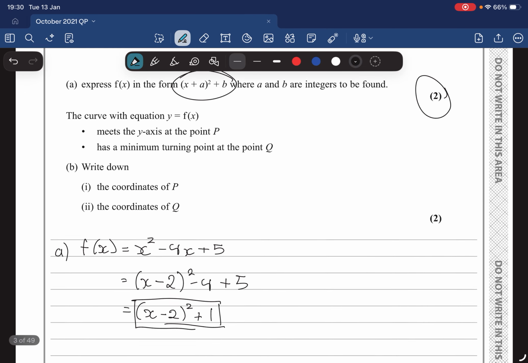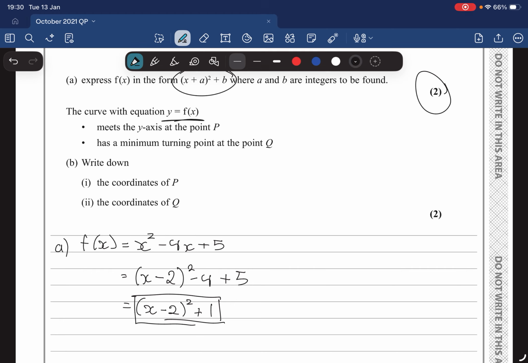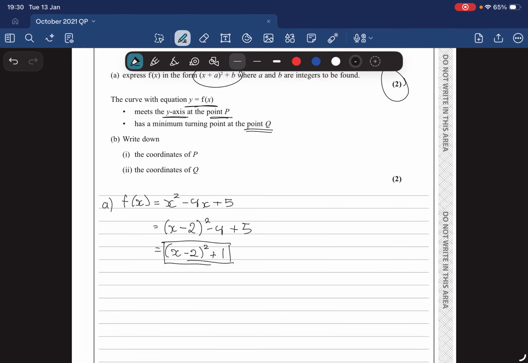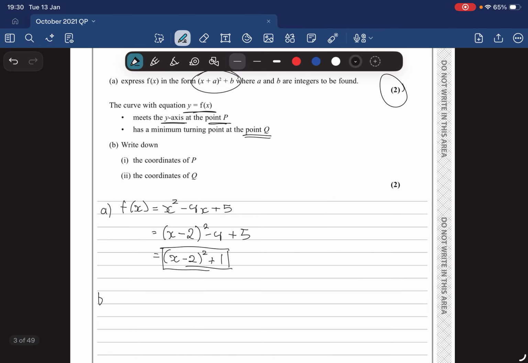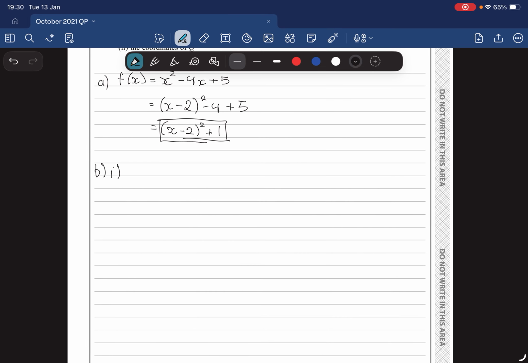Okay, now the curve with the equation f of x meets the y-axis at the point P. And then it's also telling us about this other point as a minimum turning point at point Q. Okay, so this is really interesting. I think the best thing to do in this question, to find the coordinates of P and coordinates of Q, is to first of all draw it out.